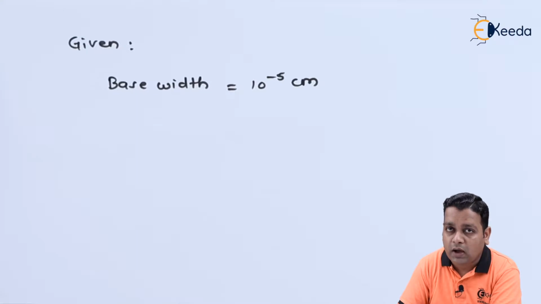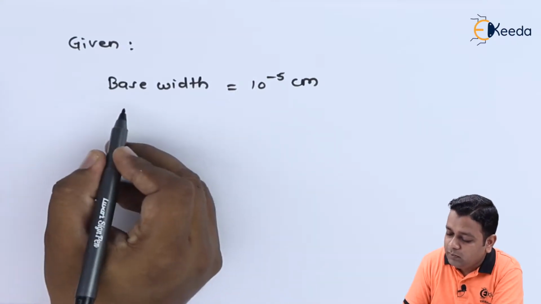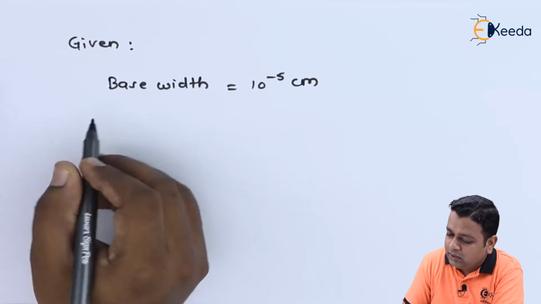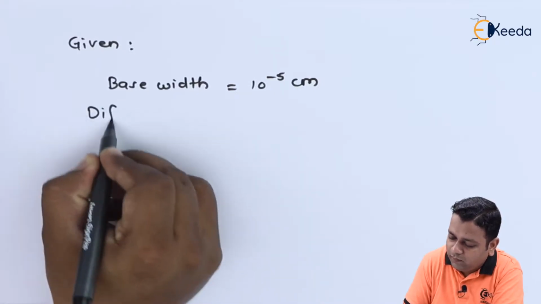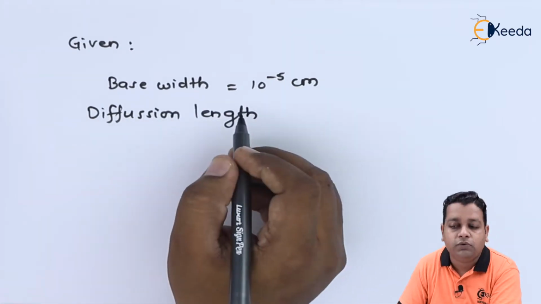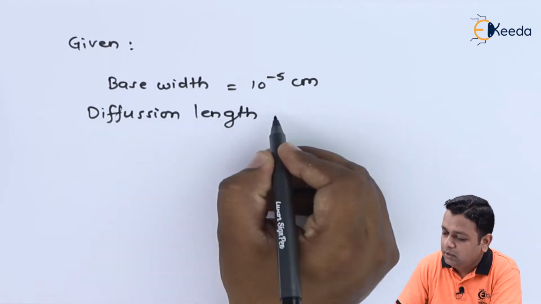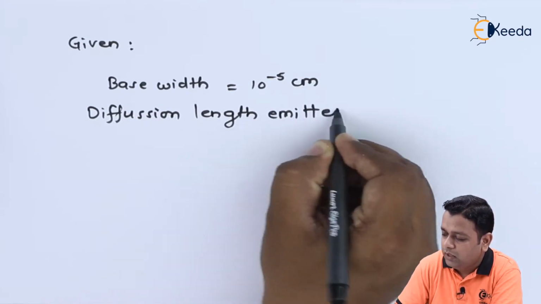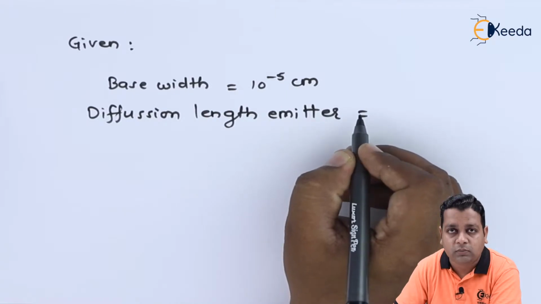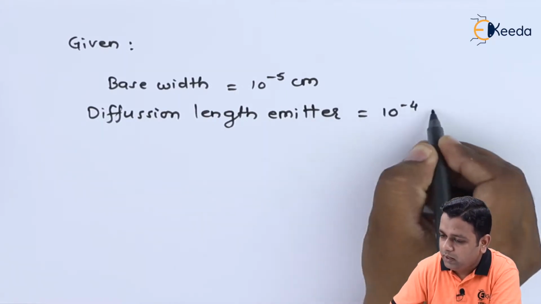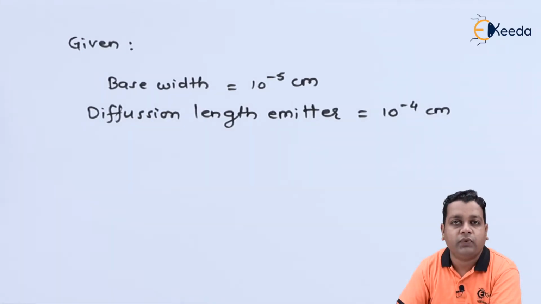After W, we have the next parameter. The next parameter is denoted as capital L suffix capital E. It is nothing but the diffusion length in the emitter, hence the suffix is capital E. So we have the diffusion length in the emitter with the value 10 raised to the power minus 4 centimeters.